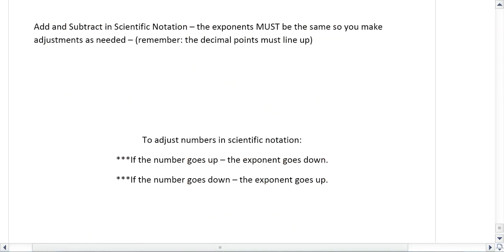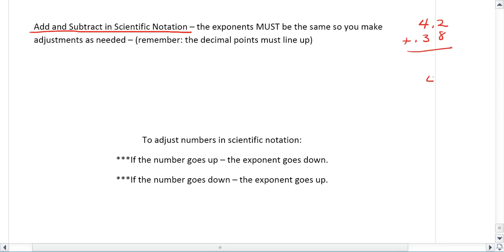Now, adding and subtracting in scientific notation is very different than what we just did with multiply and divide. When you are adding and subtracting in scientific notation, you have to stop and look at the two numbers you're trying to add or subtract, and you can't even do it unless the decimal points line up. Because you remember when you learned how to add 4.2 and you were going to add 0.38, you didn't write it like this and try to add it.